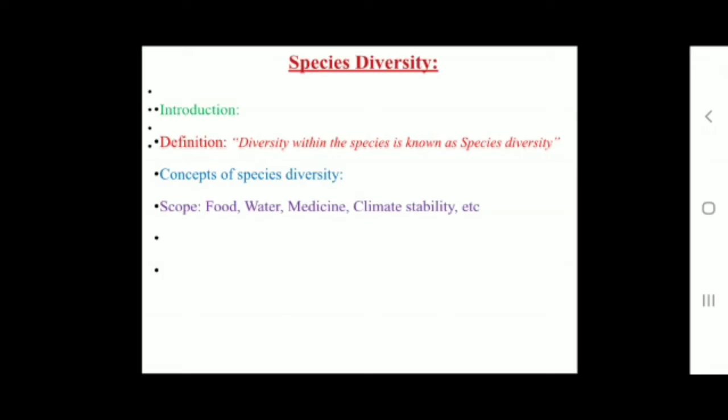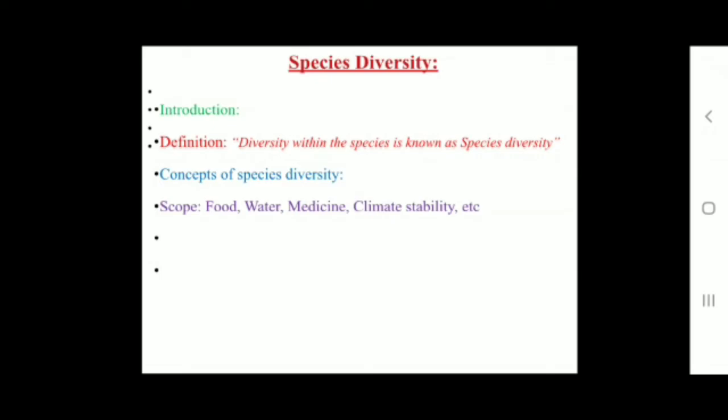Diversity within species is genetic diversity. Diversity between species is species diversity, and diversity at ecological or habitat level is ecosystem diversity. Some ecologists have included a fourth form of diversity called landscape diversity.